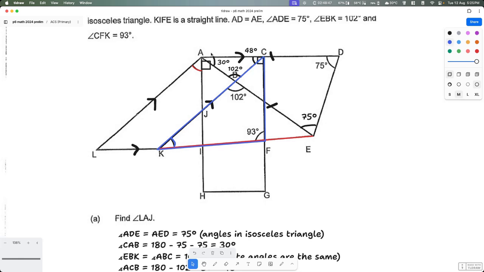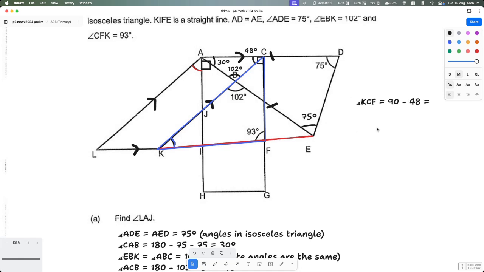So in this case, angle KCF, I'll write this out. Angle KCF is equal to 90 minus 48 in this case.